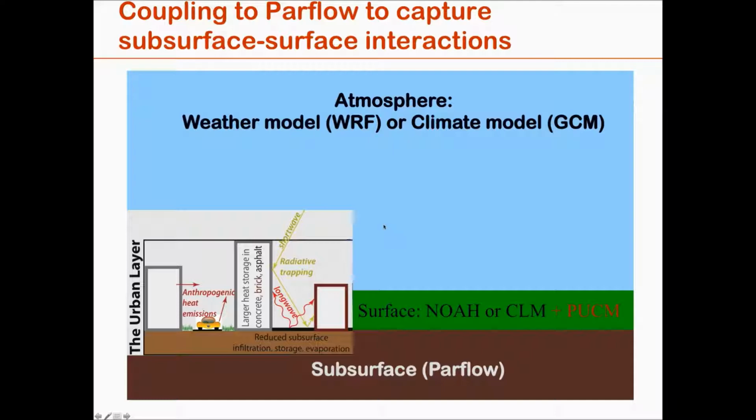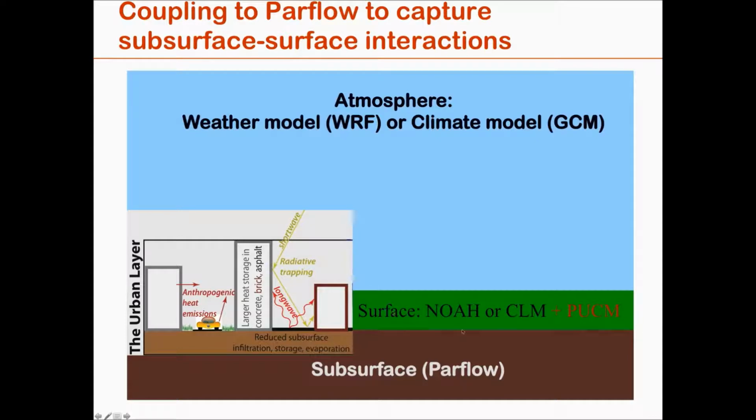So the way this will play out is that the atmospheric component will give the NOAA PUCM the atmospheric properties. Then NOAA UCM will compute the fluxes from the surface to the atmosphere, and will give these heat and moisture fluxes back to WRF, the atmospheric component.